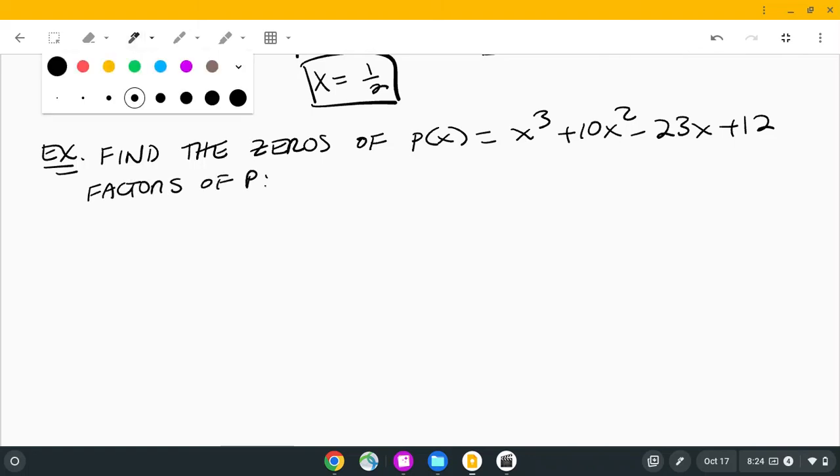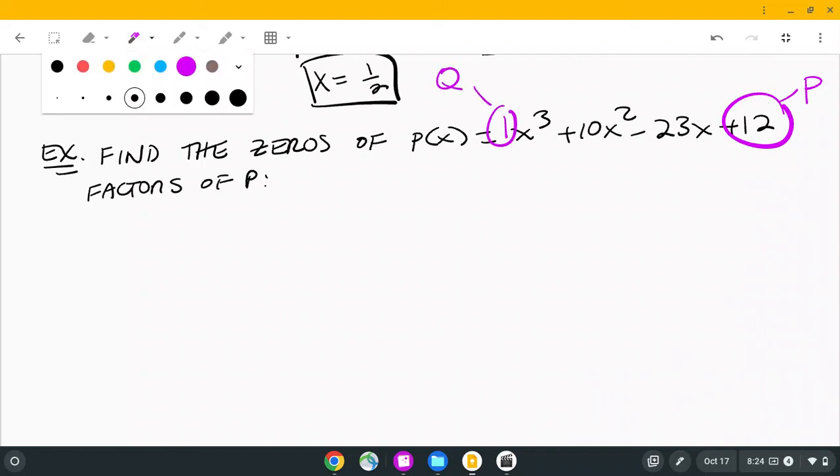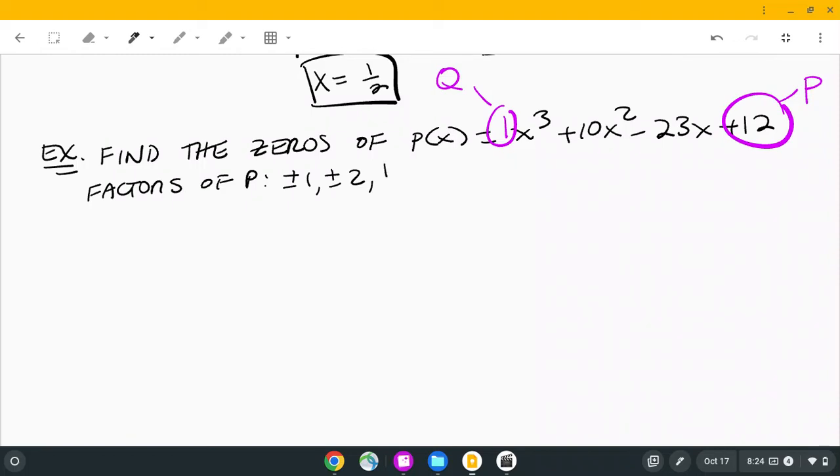Again, p is over here, and q is this invisible one. Factors of p, that's plus minus 1, plus minus 2, plus minus 3, plus minus 4, plus minus 6, plus minus 12. Factors of q, thank goodness, it's just plus minus 1.